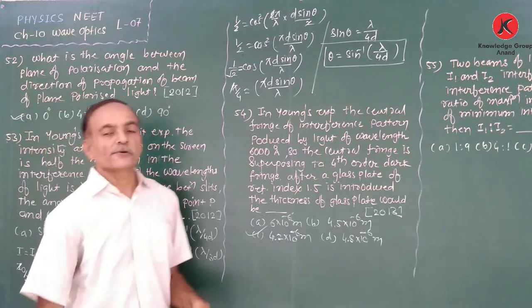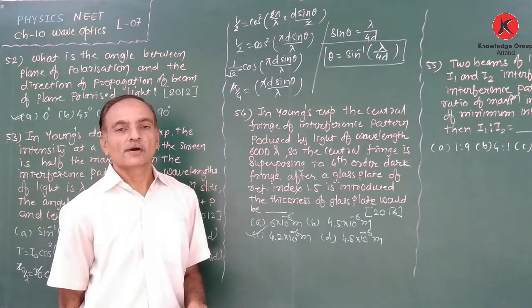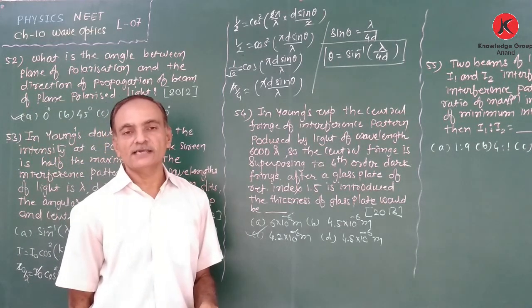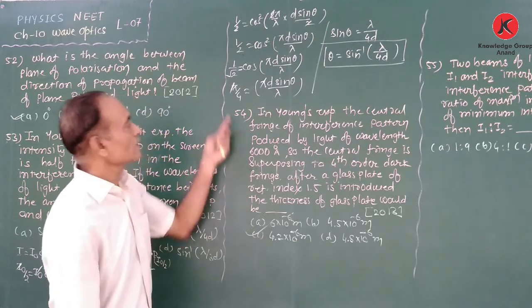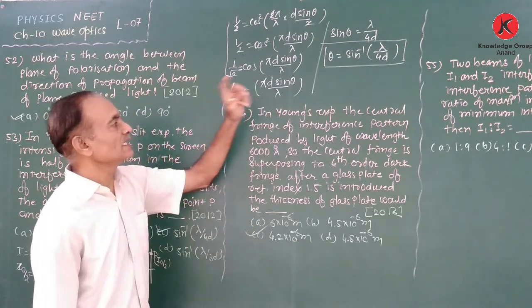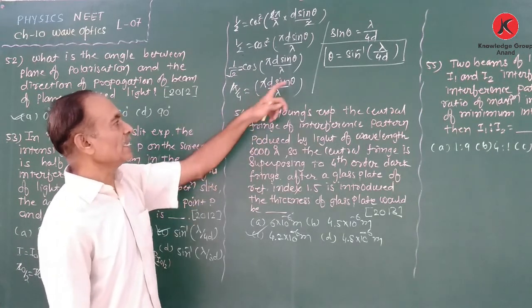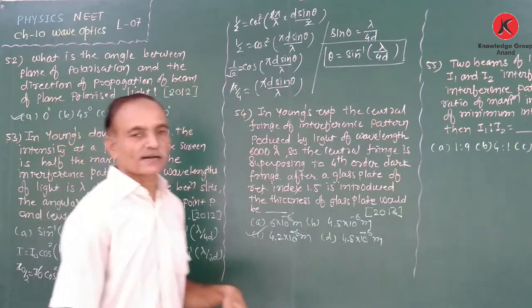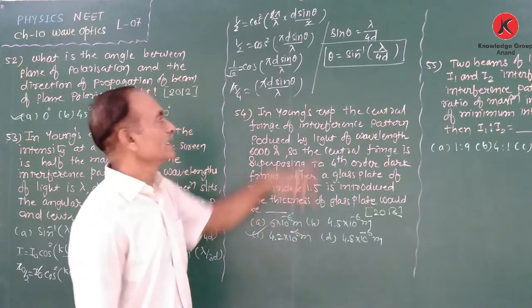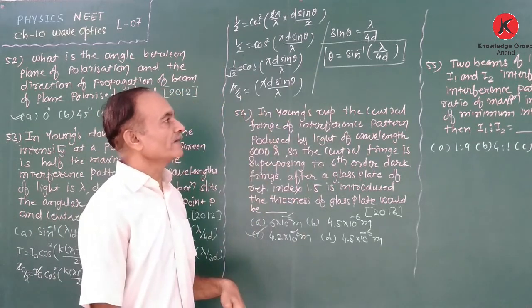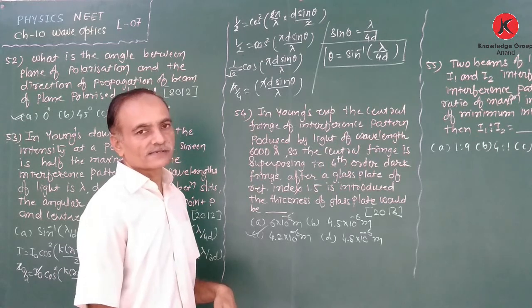Now 1 upon root 2 is cosine of 45, or cosine of pi by 4. Therefore, pi by 4 is equal to pi d sin theta upon lambda. Pi cancels, we require sin theta. Therefore, sin theta is equal to lambda upon 4d, and theta is equal to sin inverse lambda upon 4d.